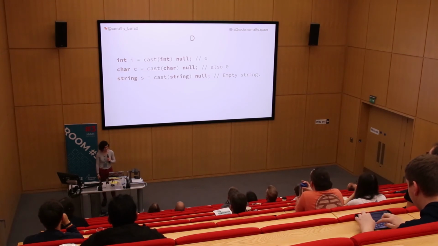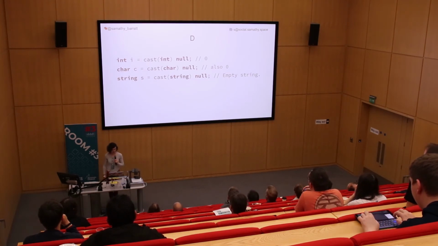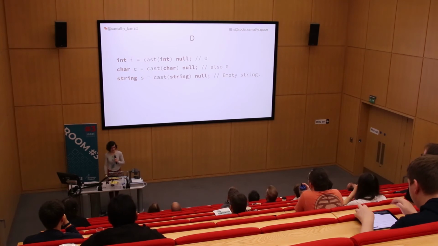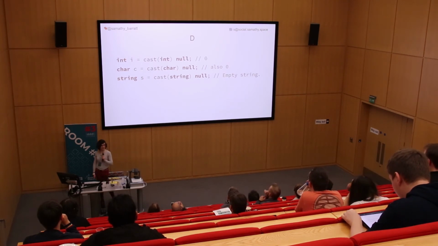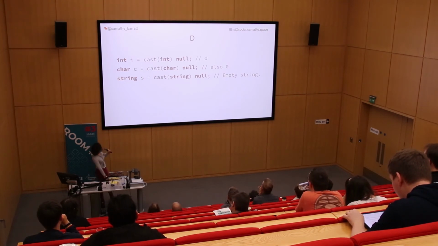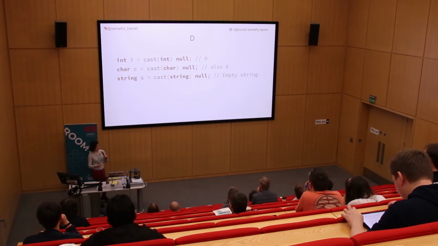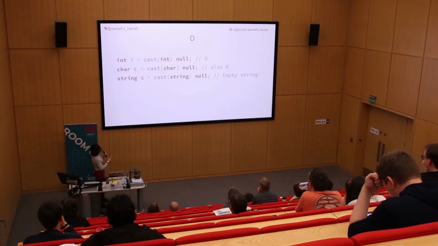So D's object is a type of null, and there are some explicit casts that you can do to cast it to other built-in types. So as well as setting it to reference values, pointers, you can also make integers contain null, and then they contain 0.